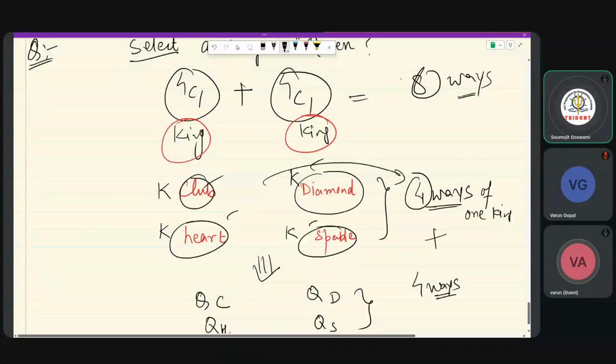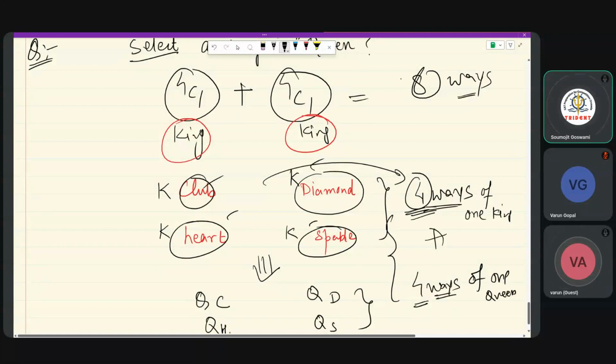So there are a total of 8 possibilities. How? 4 possibilities over there, 4 possibilities over here. I need to select one king or queen. So out of a total of 8, I can select one. Or in other words, you can also look at it as 4 ways of one king, 4 ways of one queen.